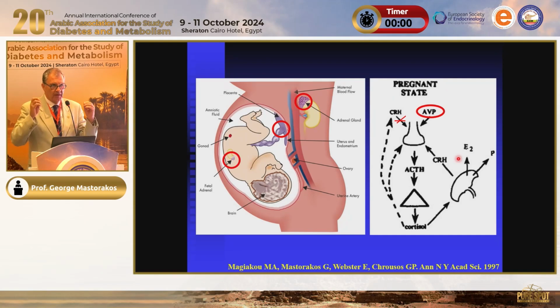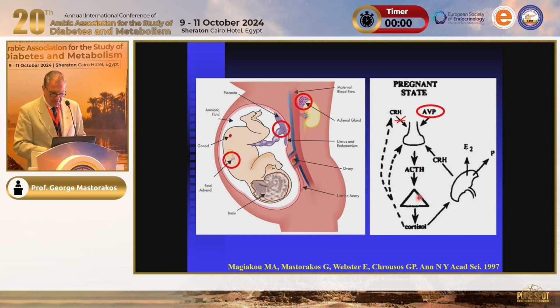You know, during pregnancy, we have three sites from where the adrenal production is regulated, both the maternal and the fetal adrenal production. We have in place the adrenals of the mother, which are influenced by her own hypothalamic pituitary adrenal reaction.